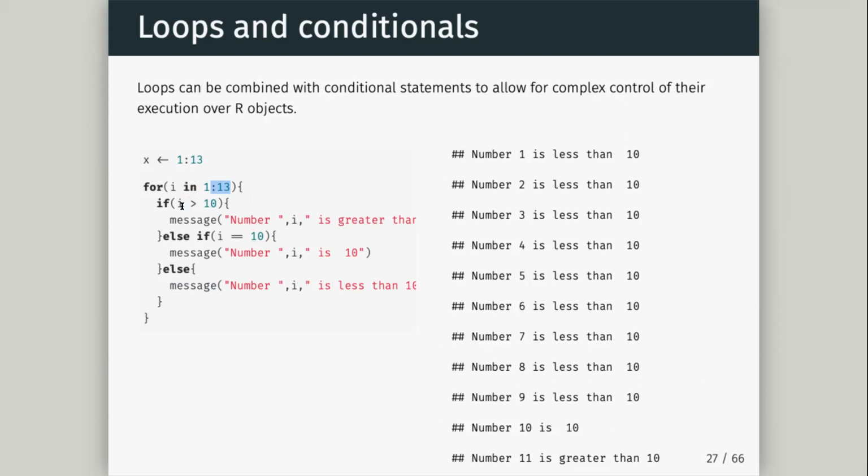You can see the first time it comes through, I is 1, therefore that's false, but in case they're both false, we'll go to the else, we'll get those printed all the way up until 10. When it came through the 10th time through the loop, and I was 10, then this was still false, else if I equals 10, yes it was, then it would evaluate this message.